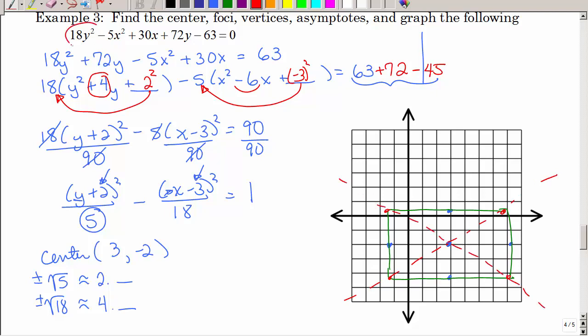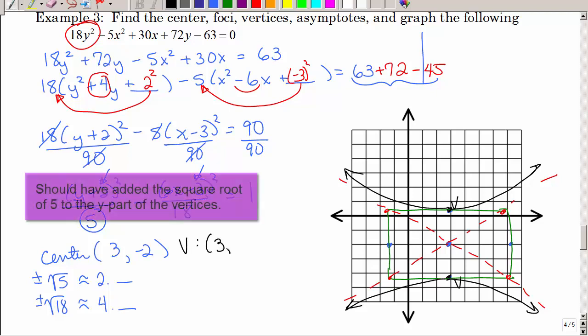We know that the y is positive, so my transverse axis is vertical, so that means those two are my vertices. And there's the graph. So let's do those vertices. I start from the center, and since I went up and down the square root of 18, those would be my vertices.